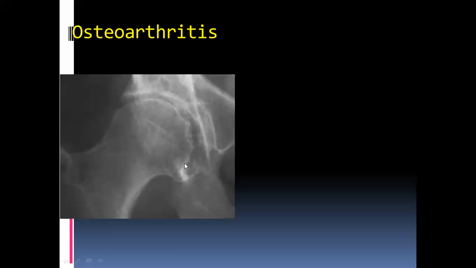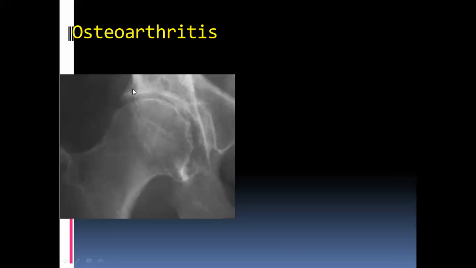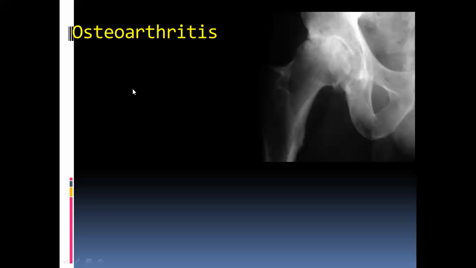Osteoarthritis shows irregular outline, sclerosis of the opposing margins, some narrowing of the superolateral aspect of the joint, and pseudocyst formation. Osteoarthritis: pseudocysts here and there, marginal lipping here and there, and sclerosis of the opposing parts of the bone. This is osteoarthritis.